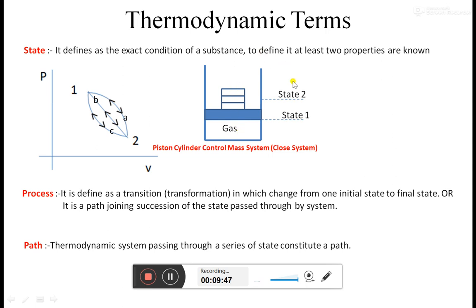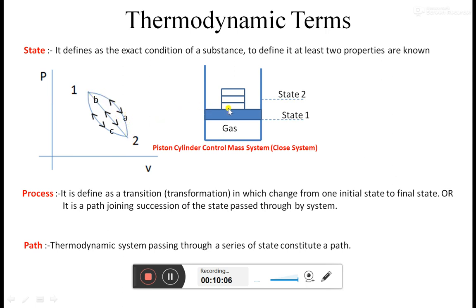As soon as I remove the weight from that surface, the pressure inside the gas is relieved and keeps decreasing with increasing volume. So here volume is increasing and pressure keeps decreasing by path A.